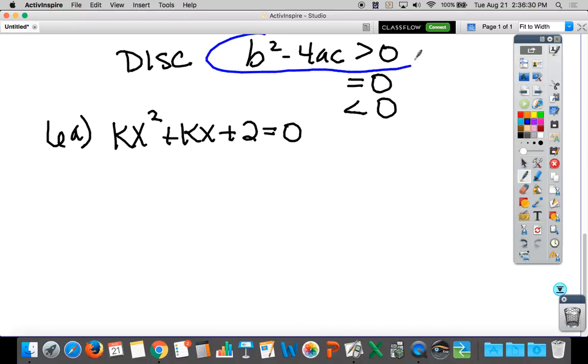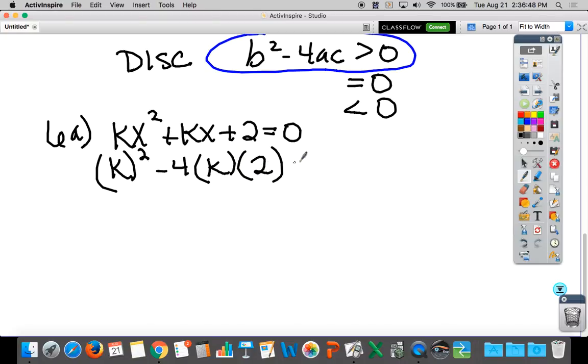Because I want the 2 separate roots. So we're going to set it up. What's my b in this problem? So k squared minus 4 times, what's my a? What's my c? 2. Now, I don't put equals 0 like I almost did. I have to put what? Greater than 0.